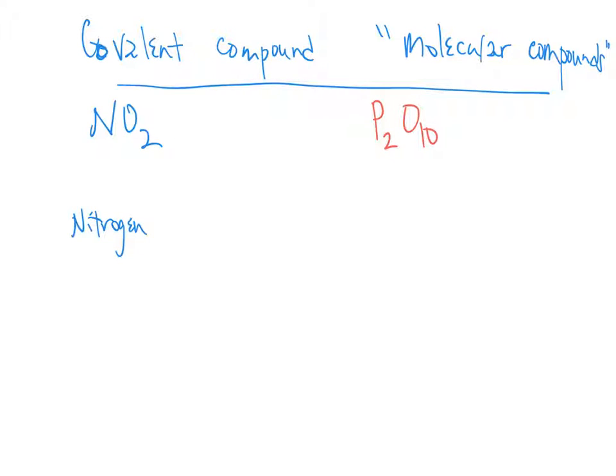And then we have oxygen, which becomes oxide. Now, the one thing with the covalent ones is we have to indicate the number. Whenever the first one only has 1, you do not say mono. We don't say mononitrogen, such and such.